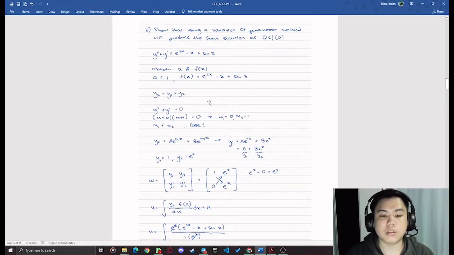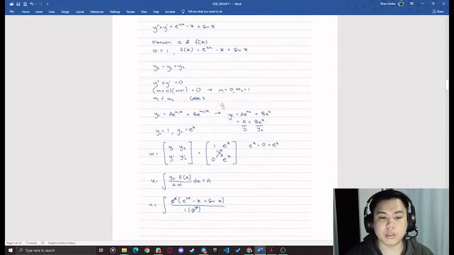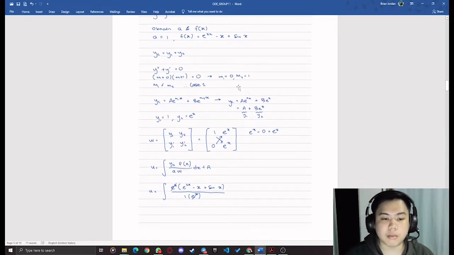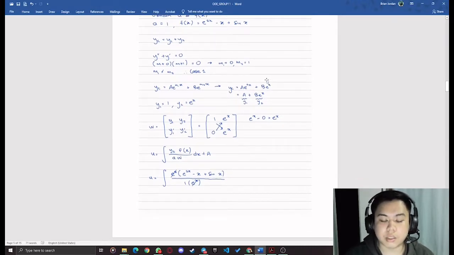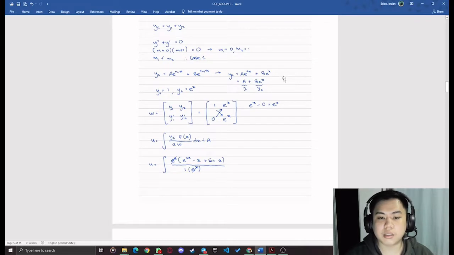To get y1 and y2, same as before, we make it into a quadratic equation, so m1 is 0 and m2 is 1. In this case m1 is not the same as m2, so we get yc, which is a plus b e to the x.